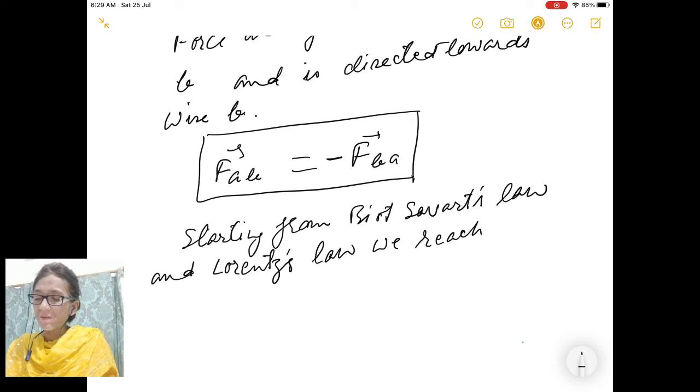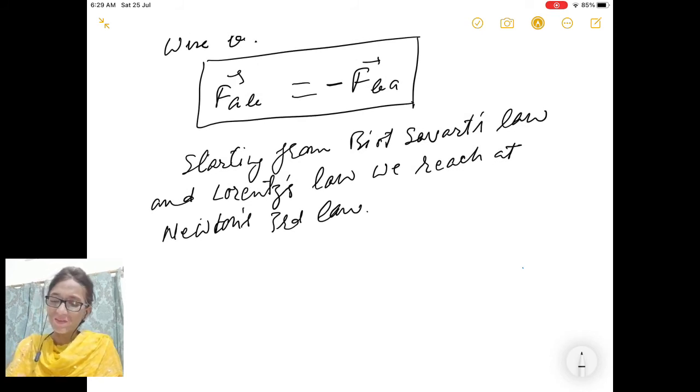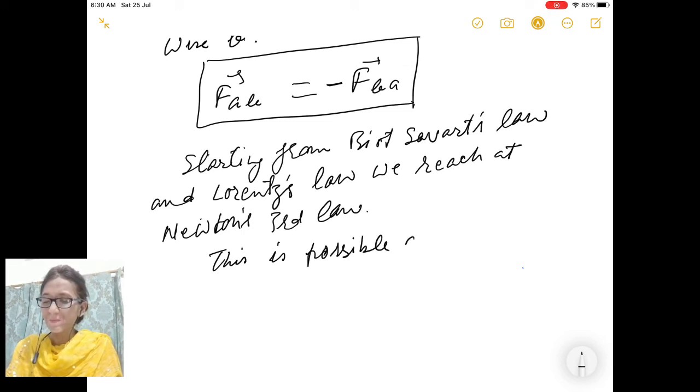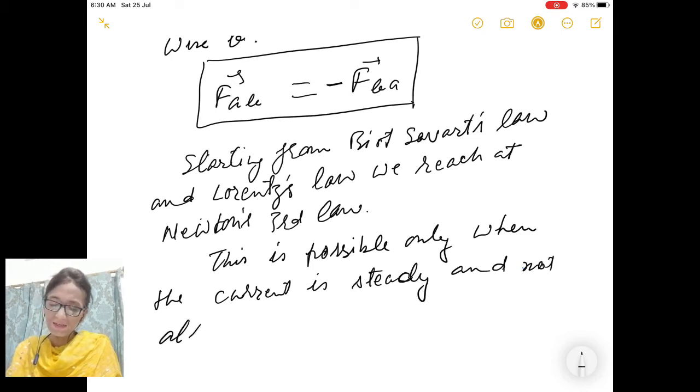We reach Newton's third law, and this can be attained only when the current is steady and not alternating current.